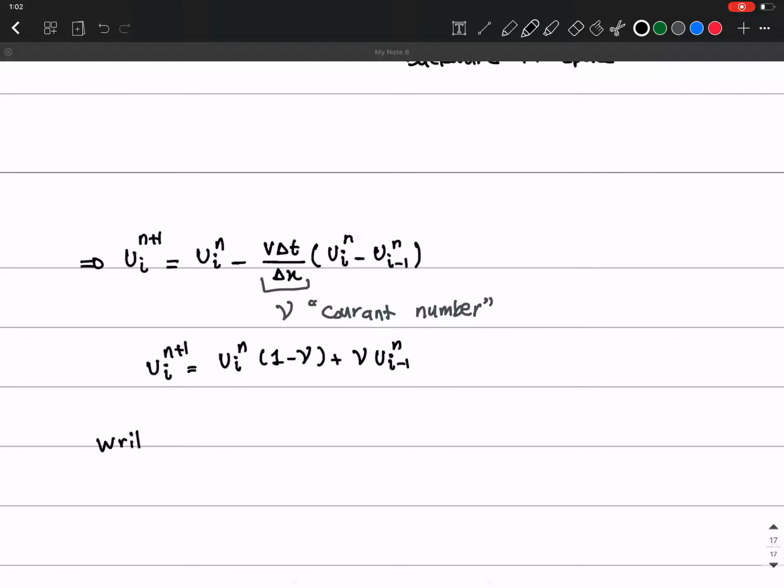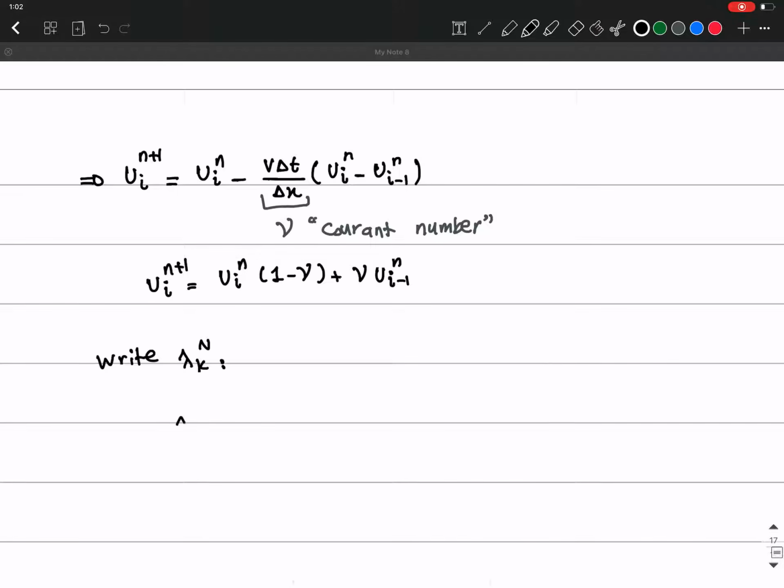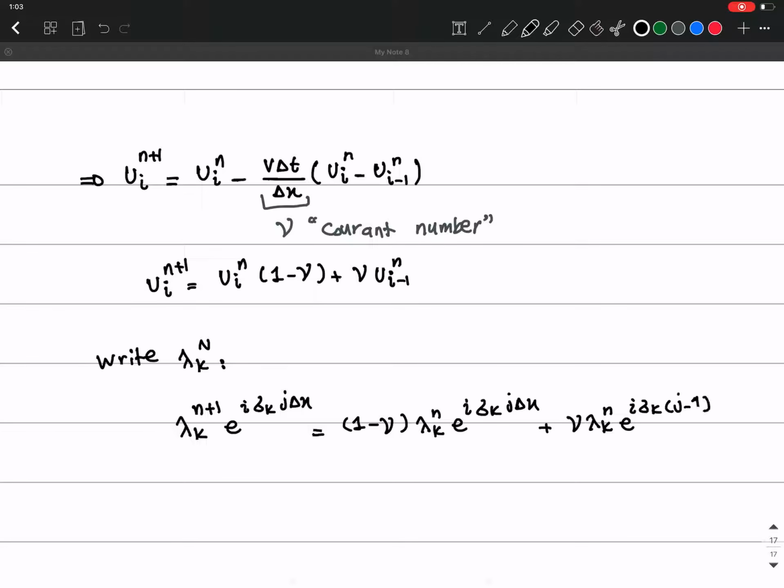And then we write lambda_k numerical, the numerical amplification factor, as lambda_k^(n+1) e to the i sigma_k j delta x equals (1 minus nu) lambda_k^n e to the i sigma_k j delta x plus nu lambda_k^n e to the power i sigma_k (j minus 1) delta x.